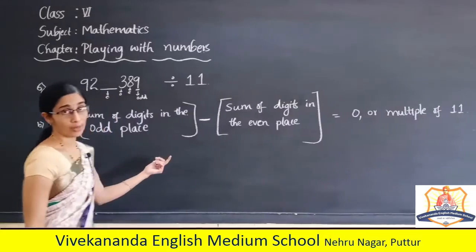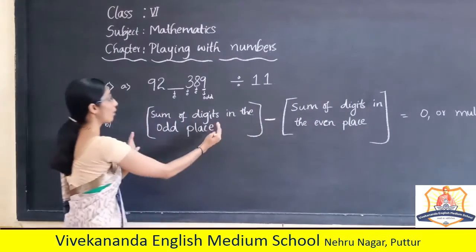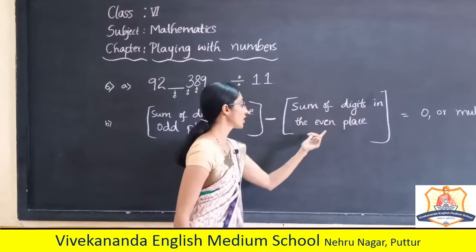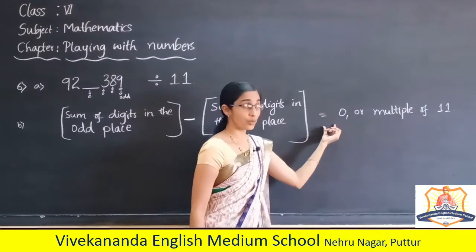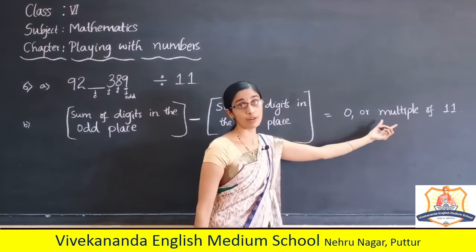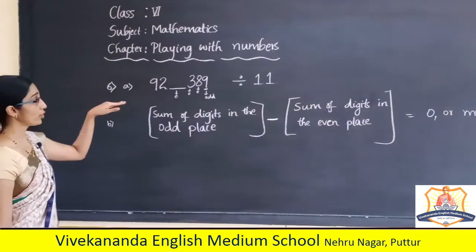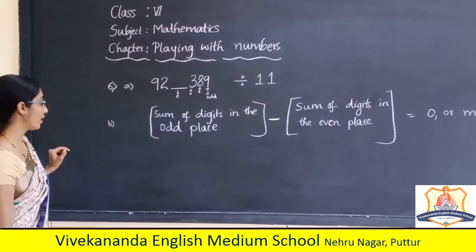So this is the formula. You know this, right? The difference between the sum of the digits in the odd place and the sum of digits in the even place is equal to either 0 or any of the multiples of 11.